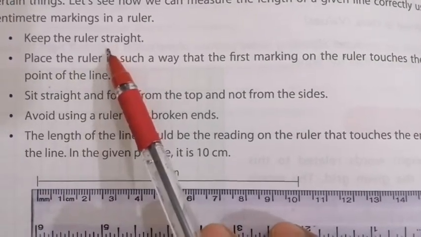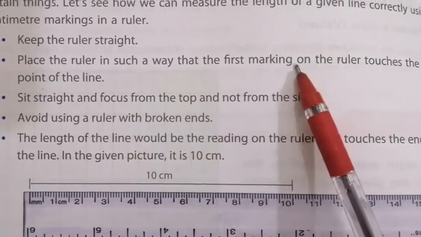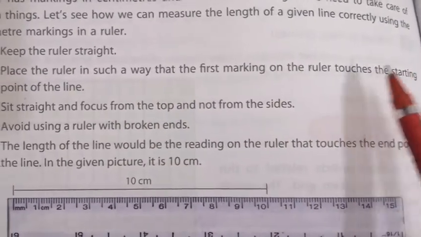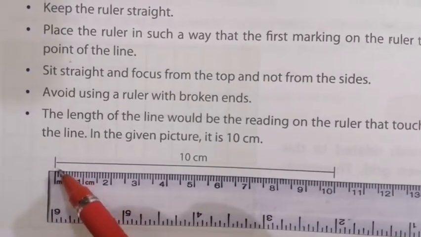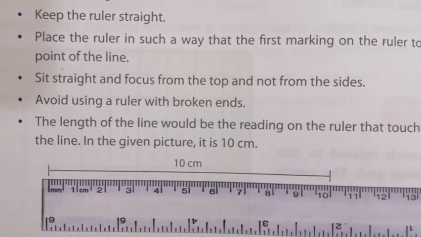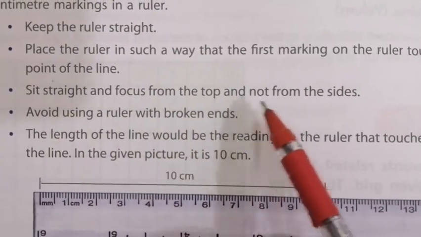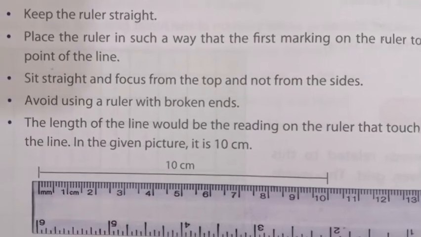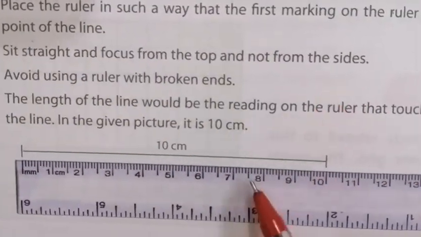Keep the ruler straight. Place the ruler in such a way that the first marking on the ruler touches the starting point of the line, isn't it? So did you see here? This is the first. So it should touch the starting of the line. Sit straight and focus from top and not from the side. Okay, you should sit straight like this and you should focus from the top.